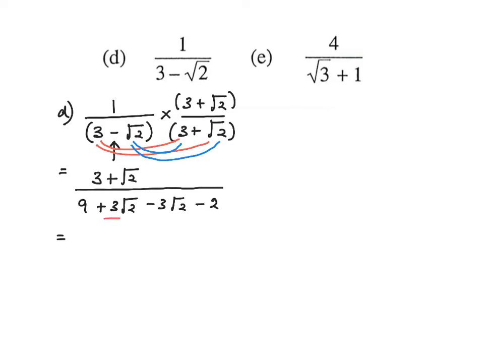Notice that these two terms here cancel out. That always happens when we multiply by the conjugate. The two middle terms cancel.